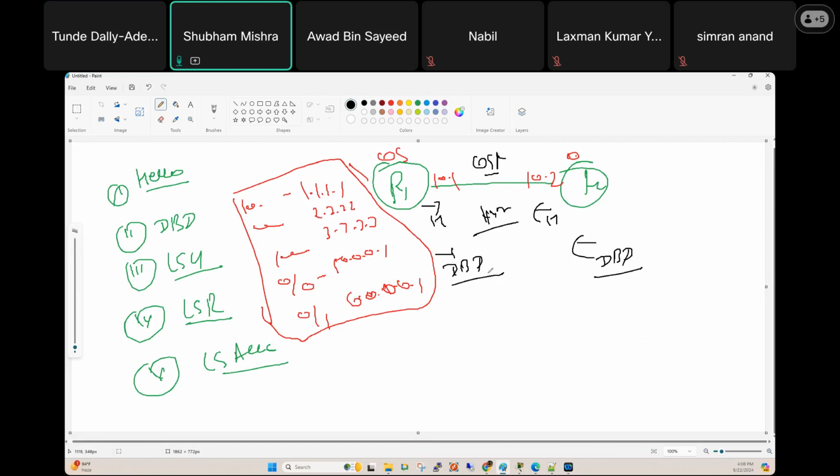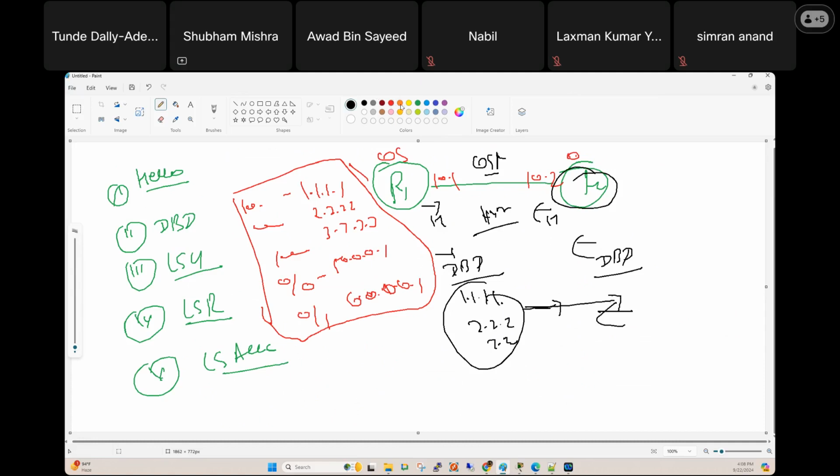DBD. In this DBD message, both routers only share 1.1.1.1, 2.2.2.2, 3.3.3.3, only this, not complete information. Getting my point? So this router shares and that router shares. When this router receives this, it now understands: actually, I know only 10.1 about this router.